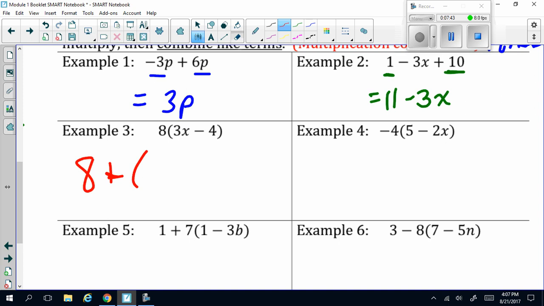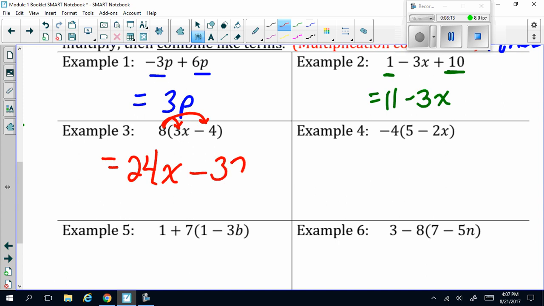If I wanted it to be subtraction, I would need a subtraction sign. If I wanted it to be division, I would need a division sign or a fraction bar. Since I don't have any of those, I know it's multiplication. So here we go. I'm going to do 8 times 3x. So 8 times 3 is 24x. And then 8 times -4. So 8 times -4 is going to be a -32.